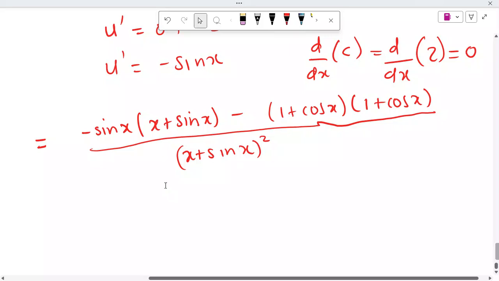So let's see if we can simplify this further.